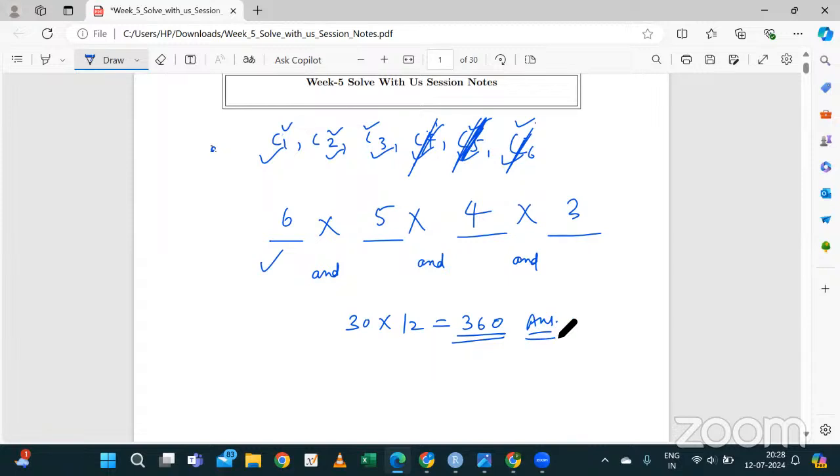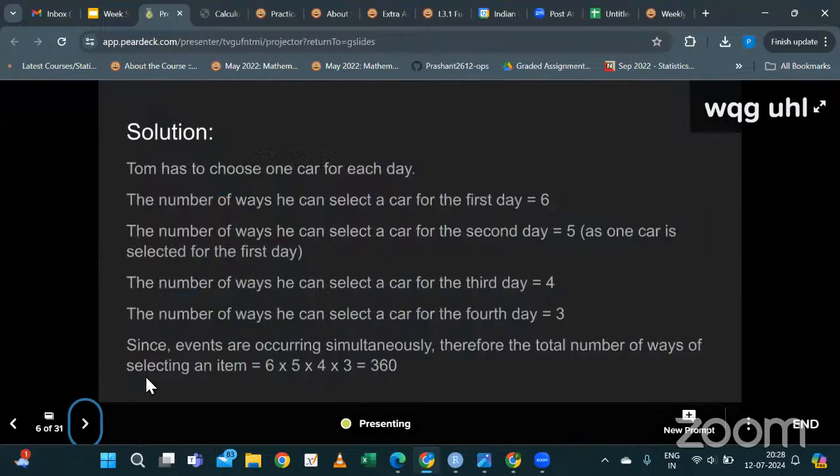Is this clear? Yes, sir. Sir, what if we say that he must use one car for 2 days? You tell me what I should write there. Sir, I think that would be 6 and 5.